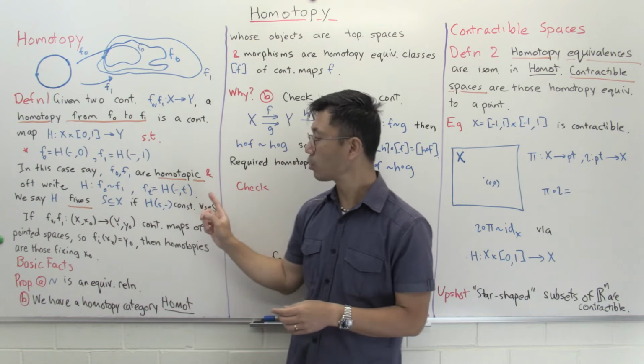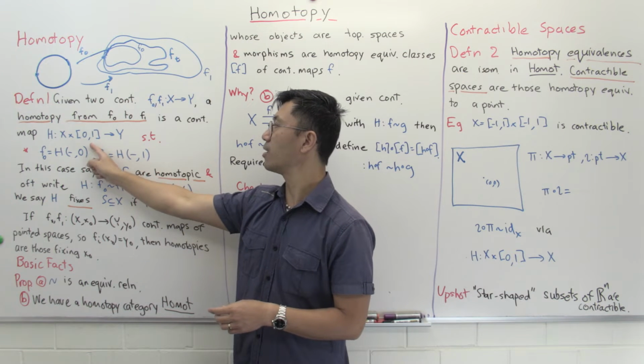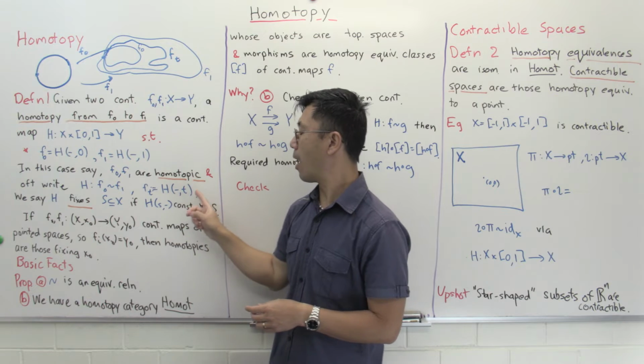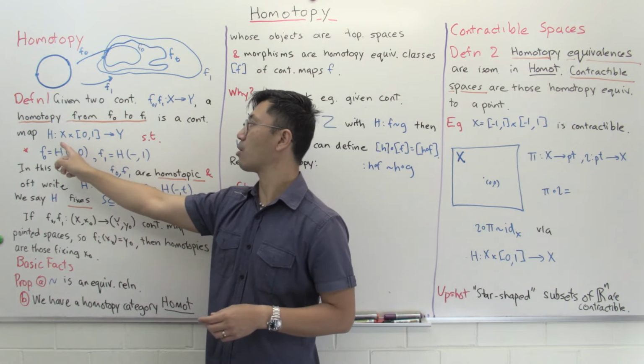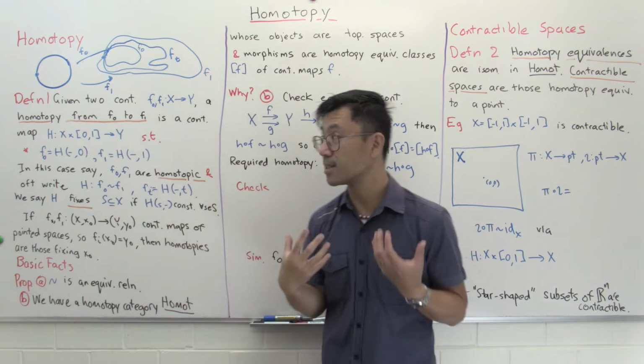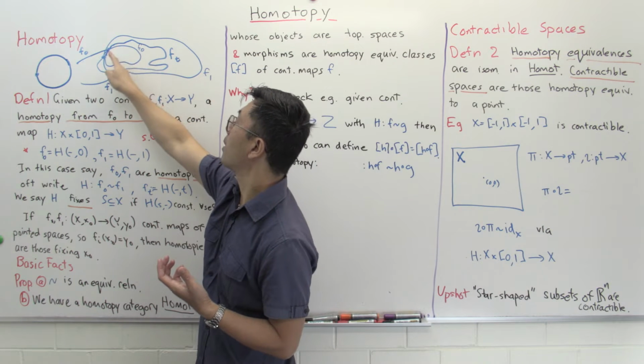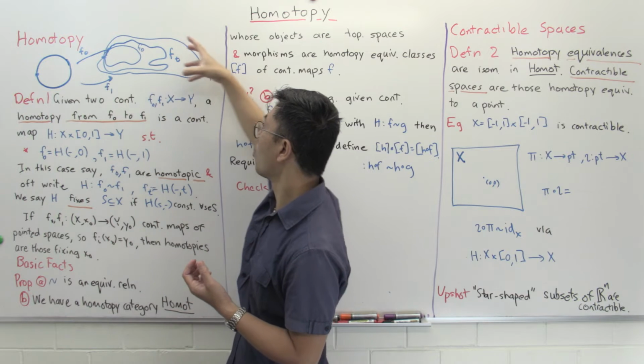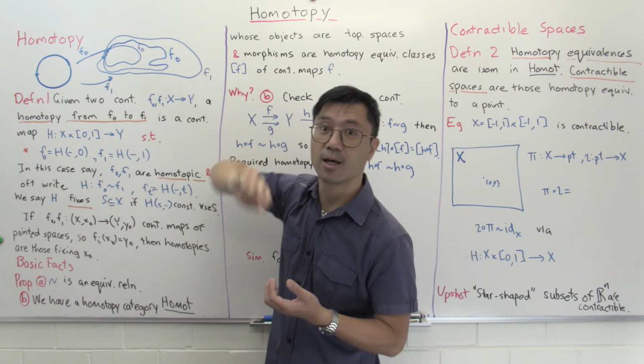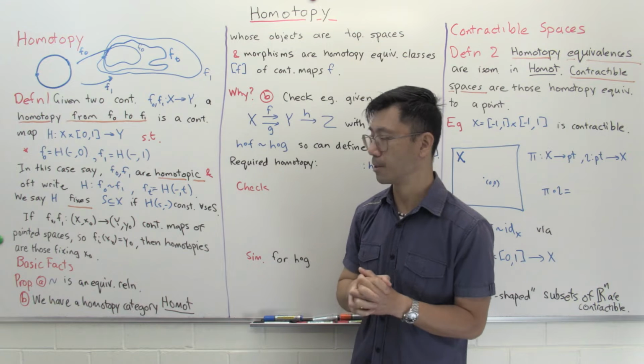What you do is you look at t inside this unit interval, fix that value, and look at the corresponding map from X to Y, and that's what it is at time t. At time t equals 0, you get the first map, and as you increase t from 0 to 1, eventually you'll get the second map, and that's the homotopy.